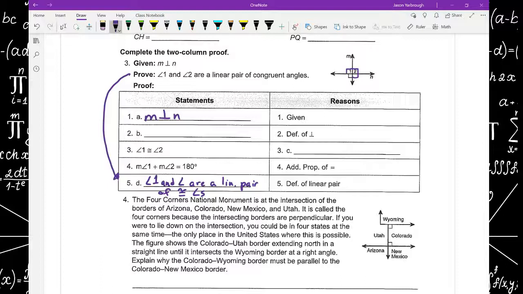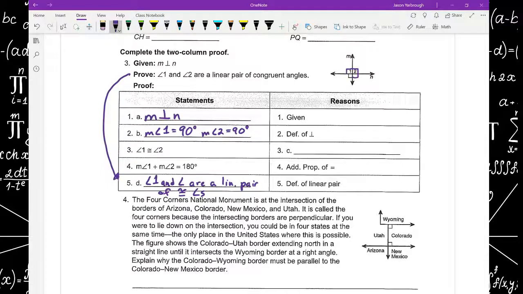Notice that angles 1 and 2 are angles that are formed by M and N. Since we know that M and N have to form right angles, we're going to end up saying that the measure of angle 1 equals 90 degrees, and the measure of angle 2 equals 90 degrees. Again, that's just because we know that they were perpendicular.